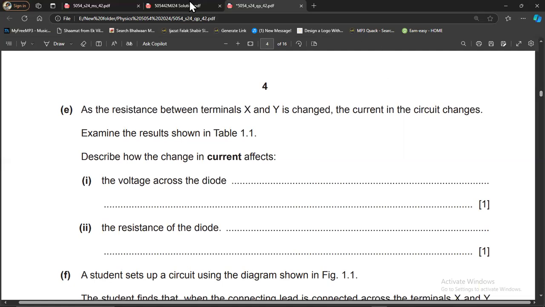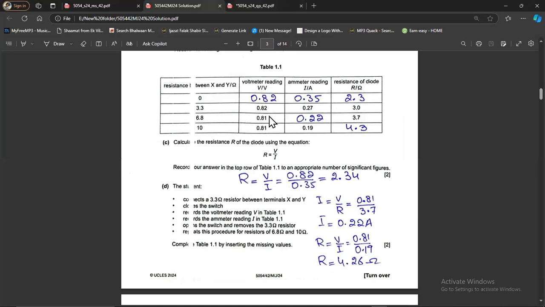Okay, so we have to pay attention to this. So this is the resistance between X and Y, 0 ohm, 3.3 ohm, 6.8 ohm, 10 ohm. And this is the reading of the current flowing. So as you are increasing the resistance between the X and Y, the current is basically decreasing.